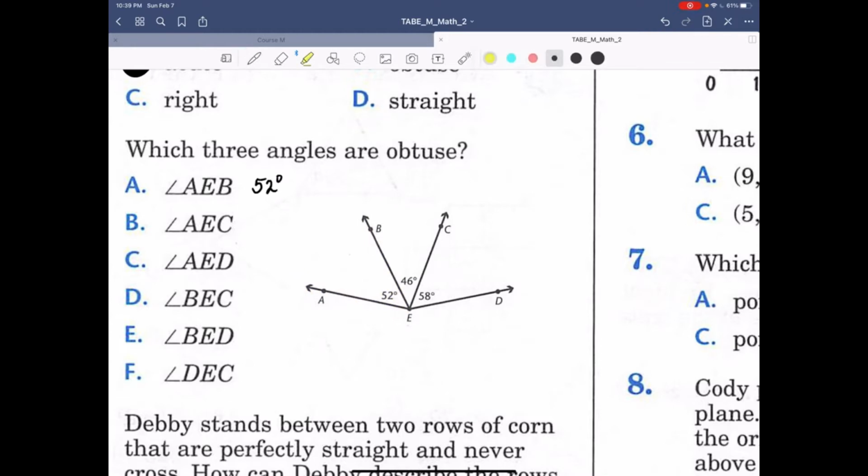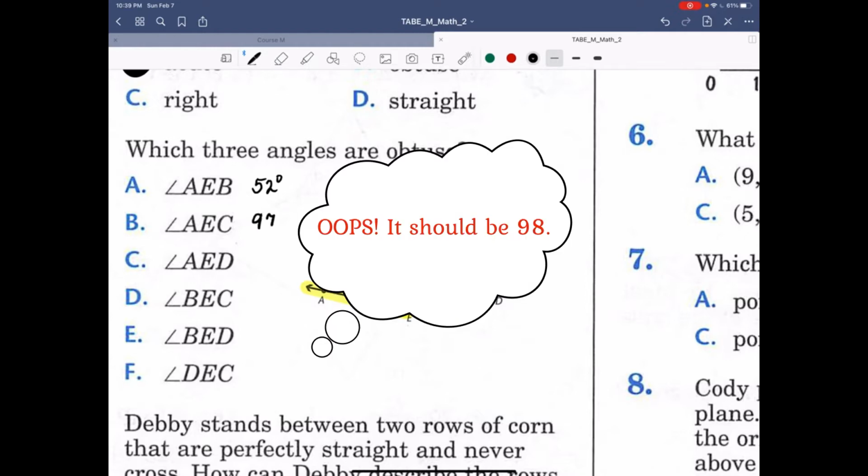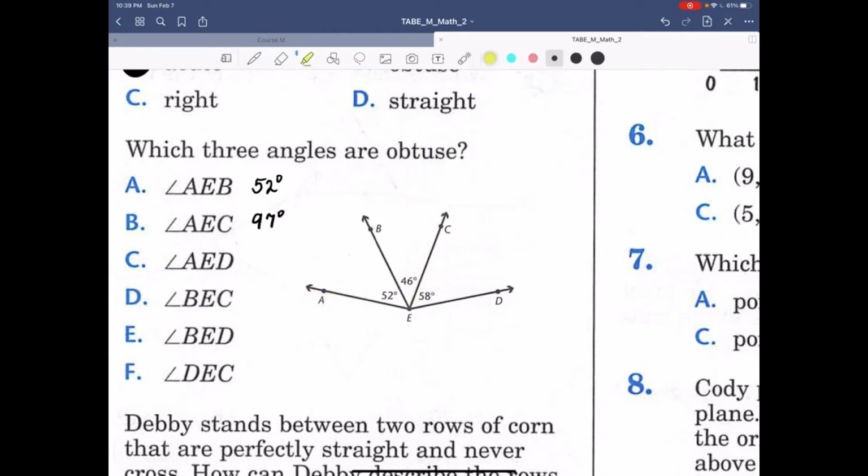Angle A to E to C, A, E, C. That's 52 plus 46. So you have to add those together to get 97. Okay. Then I have angle AED. So that's A to E to D. So I have to total up all of those to get this one. 52 plus 58, that's 110. Plus 46 is 156 degrees.